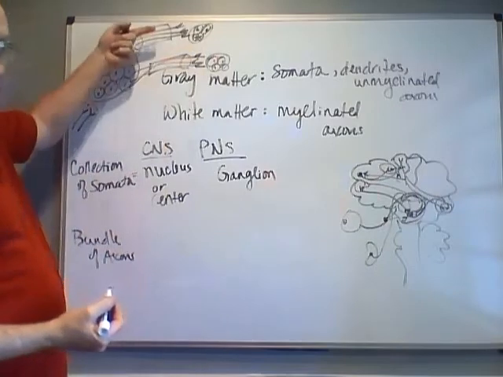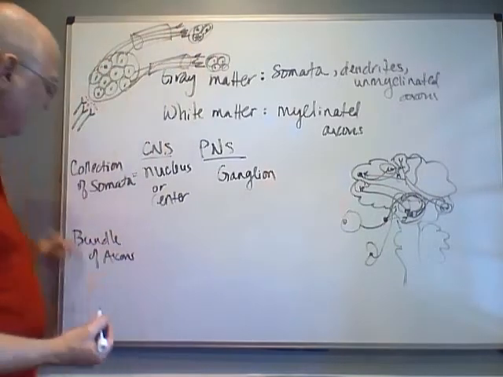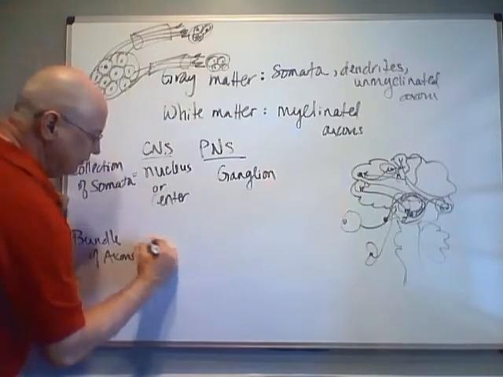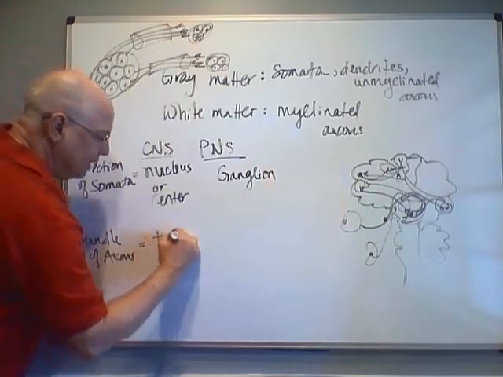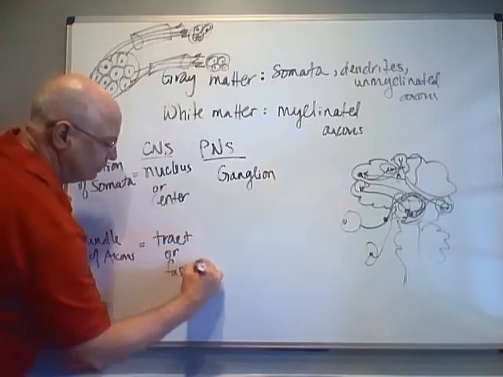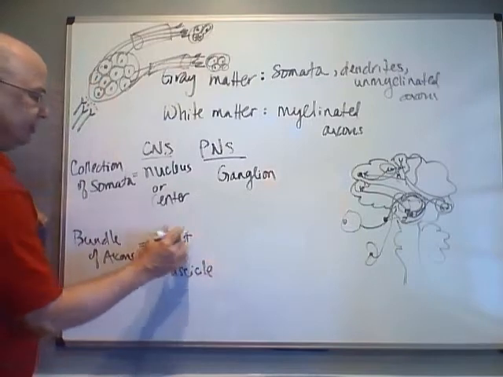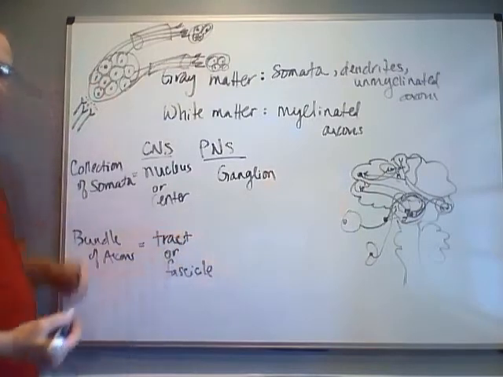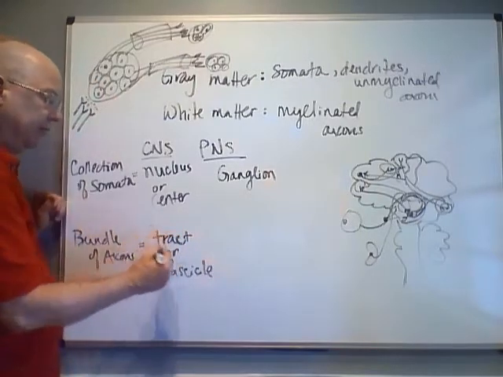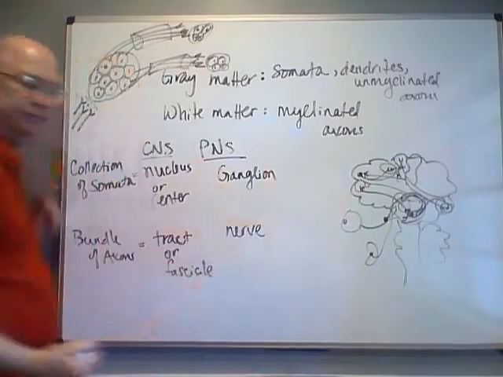So a bundle of axons that share a common origin and destination in the CNS we very often call a tract, or sometimes a fascicle. There's the fasciculus cuneatus and fasciculus gracilis we could talk about, but we're not going to right now. In the peripheral nervous system, we call this a nerve.